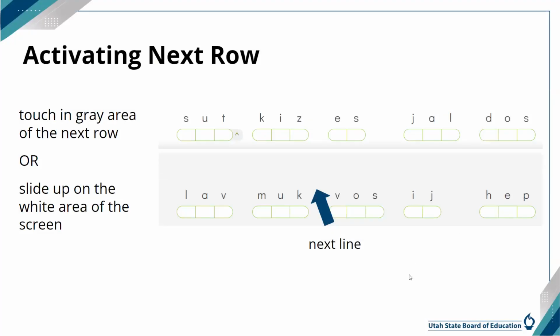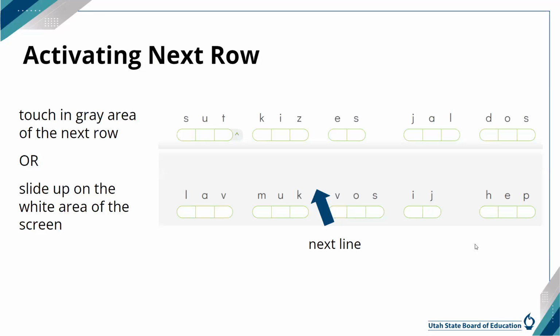To activate that next row, you need to touch in that gray bar on that next line. The first bar is the one you're scoring. The next line is not active until you've touched into that gray bar.